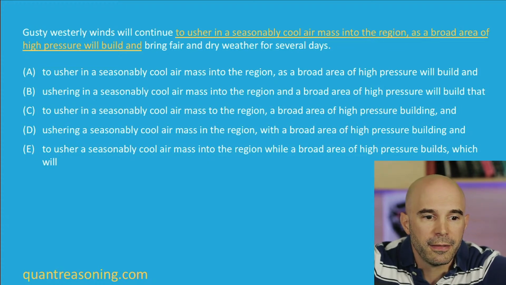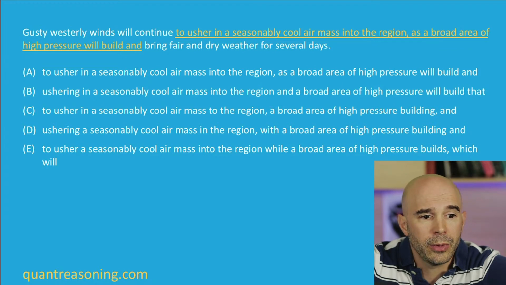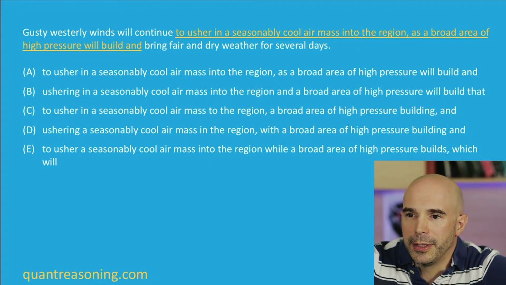I don't know. I just don't have enough information about meteorology. But I shouldn't need to know anything about meteorology in order to answer this question, because this is a test for business school, not for meteorology school. So let's think about this.